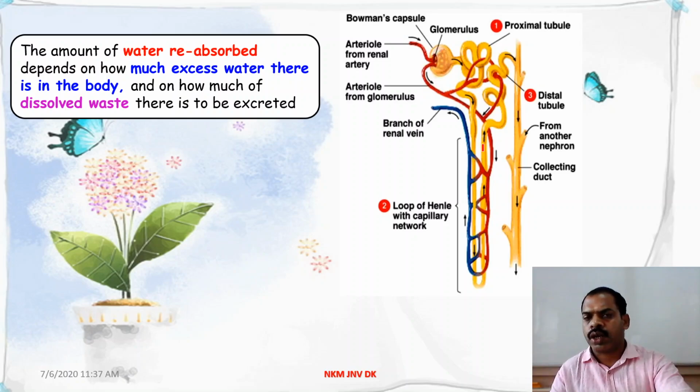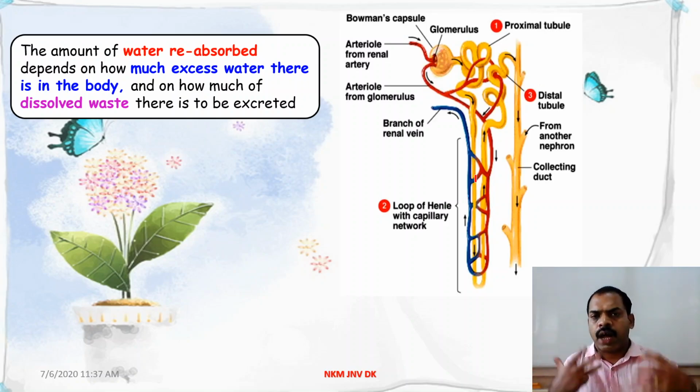They are responsible for reabsorption of nutrients. Are you getting or not? When the blood is coming out, it is thick, because the liquid portion is already removed from it. When it is passing through, except urea, nutrients like glucose, amino acids, and required water, all these components will be reabsorbed.